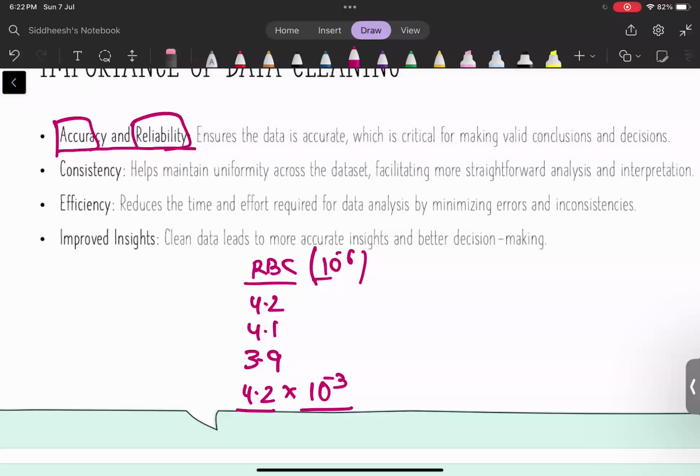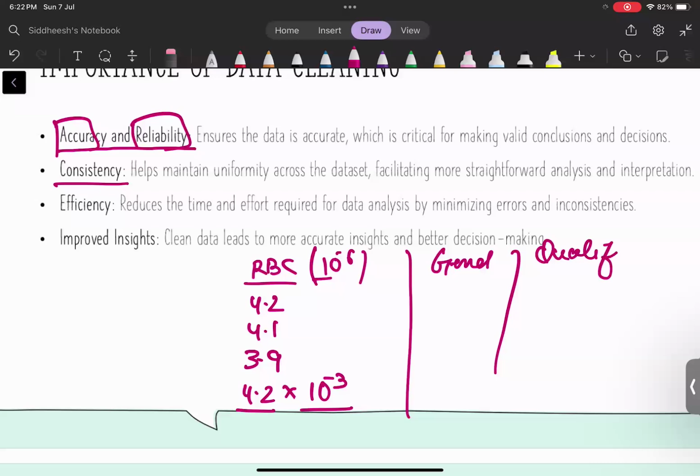The next thing we have is consistency. It will maintain the uniformity across the data set. Suppose I have the gender part, or let's take one more, the qualification part. In the qualification, we might have UG, school 10th pass, 12th pass, no school, PG, and PhD categories also. Correct?